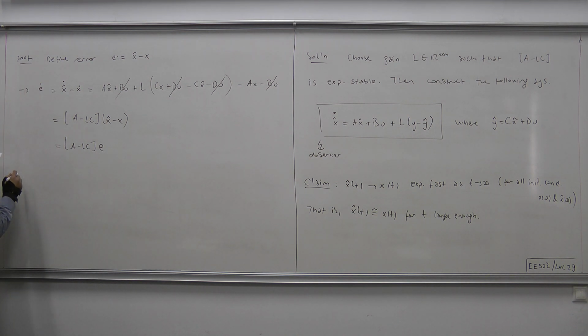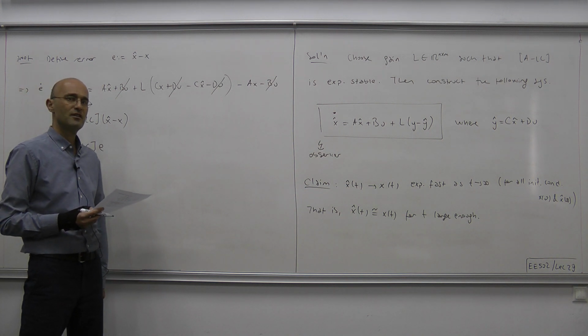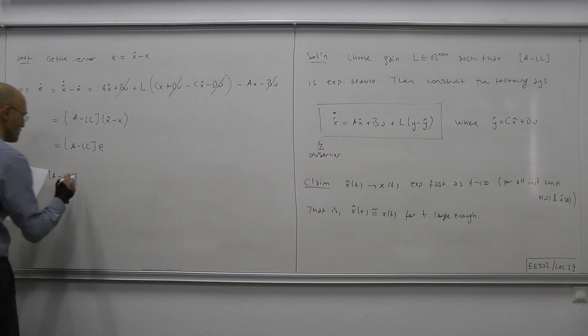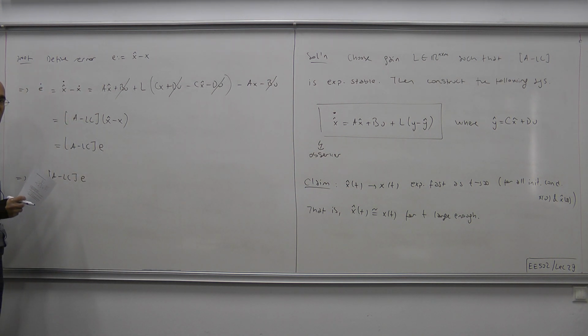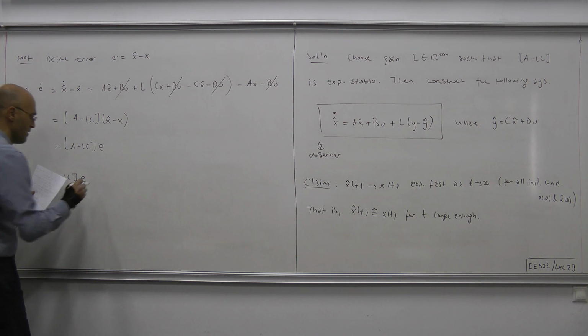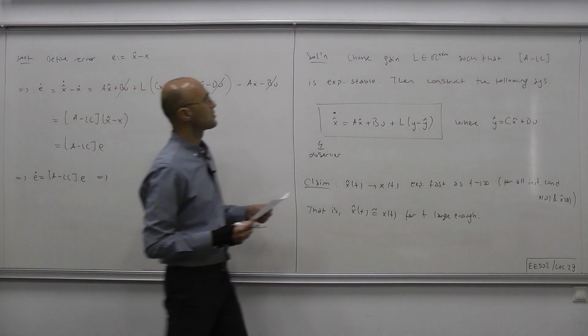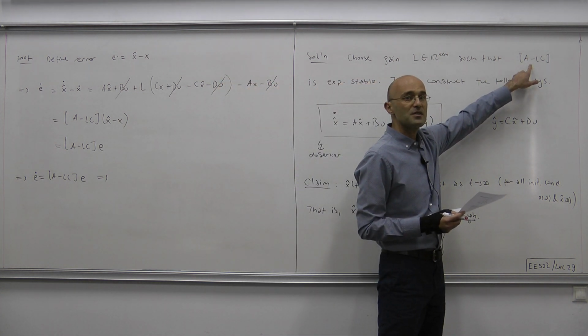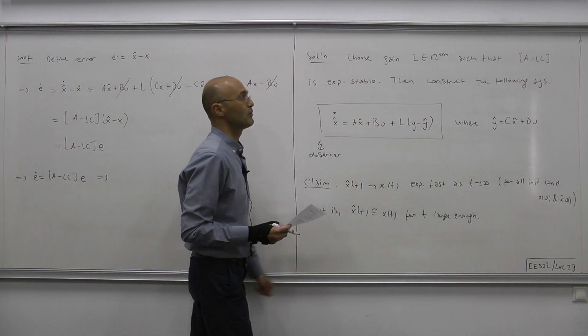Therefore, we now see why the error should converge to 0 exponentially, because we obtain E dot equals A minus LC times E. That implies convergence because this matrix is exponentially stable. Why?